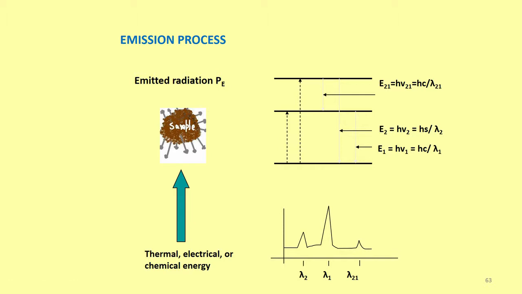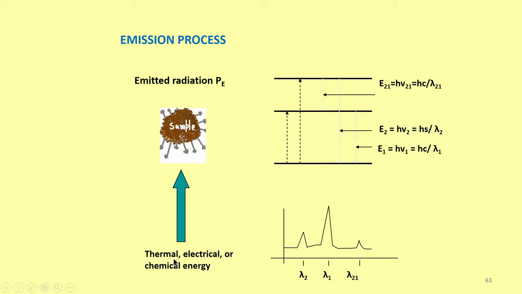Here, the green arrow you are seeing represents a transformation of the sample into a state where electromagnetic radiation interacts with the atoms, molecules and ions.